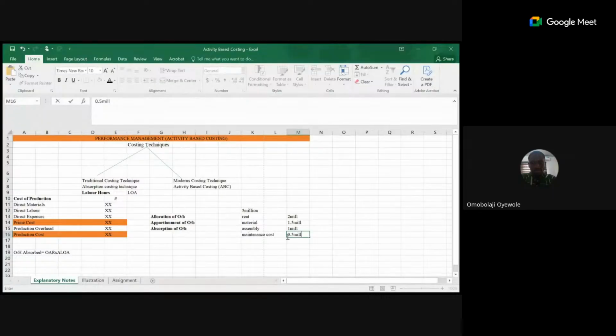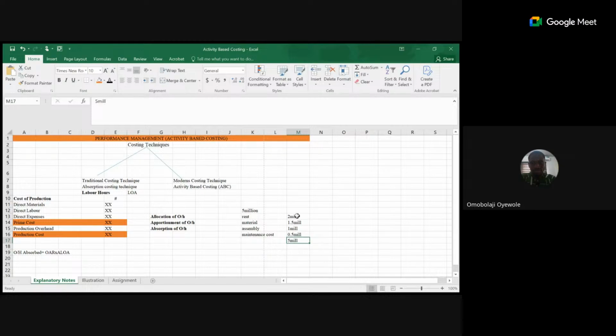So if you look at it, everything sums up together to give 5 million. What I'm trying to analyze is that our traditional costing technique or absorption costing technique tells us that when we are calculating production overhead to be absorbed as part of your production cost, you recognize the whole 5 million as your total overhead.